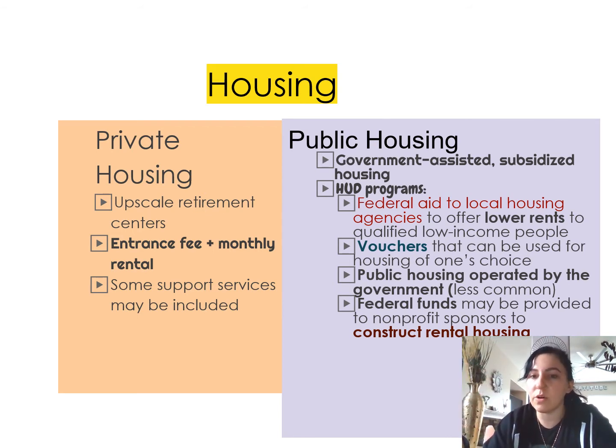Typically, there are many apartment buildings that have been approved, so they will be able to accept the vouchers, and the government will just pay them through the voucher program. So you can get vouchers from the government, and then you can use that to choose wherever you want to live.